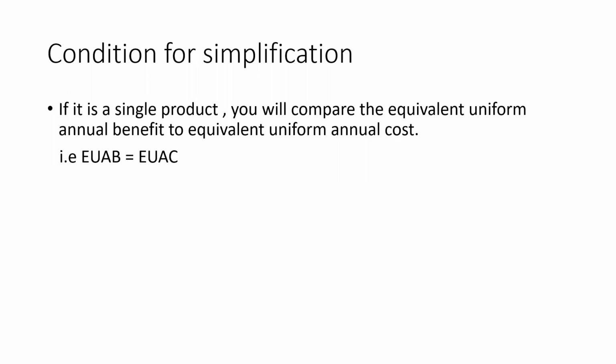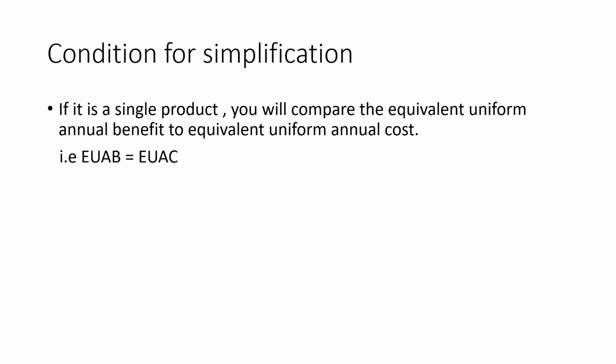Remember the chart I gave you the other time. Now you are dealing with annual. So by virtue of design, if you are given present, then you convert your present to annual using the chart. So that will be A/P, i, N. Then you get your annual value.